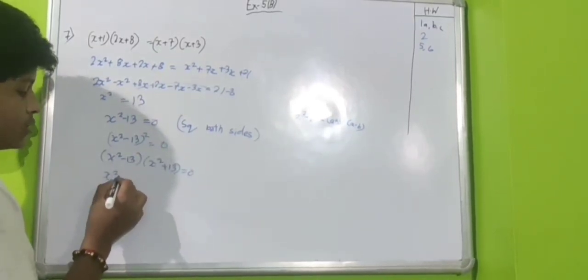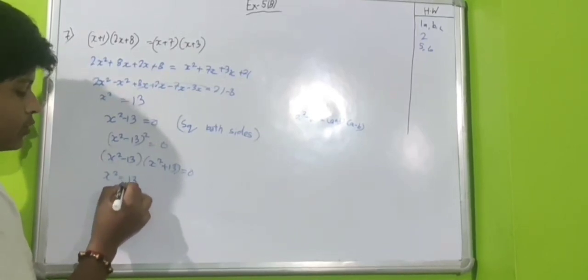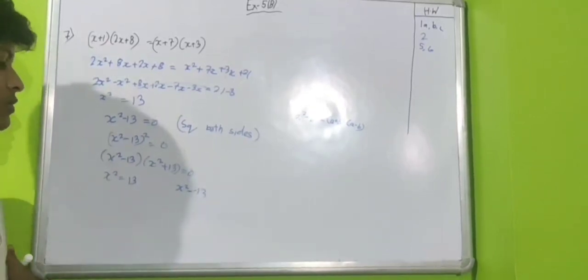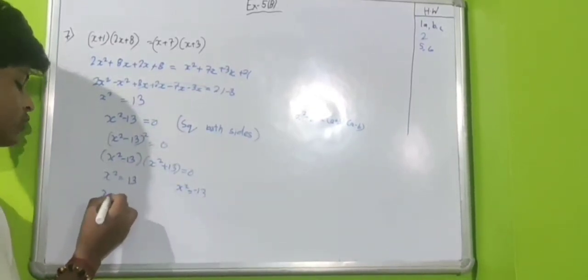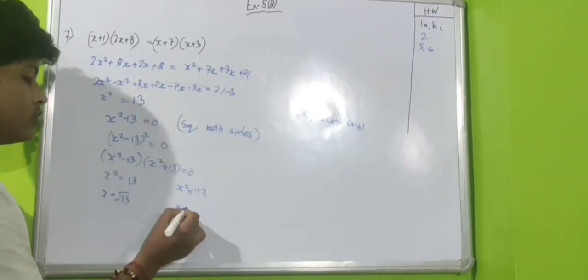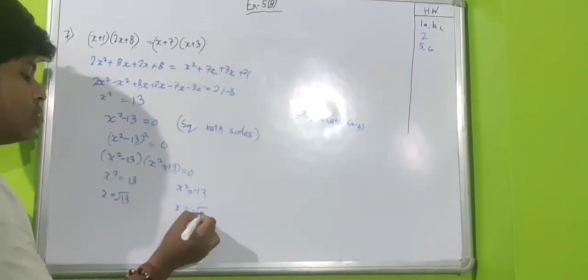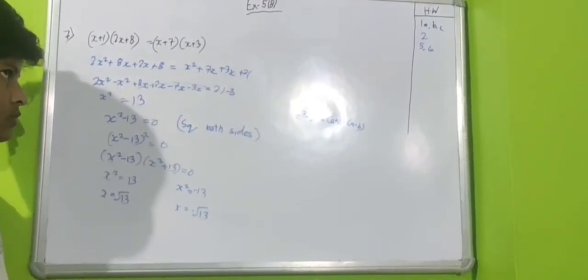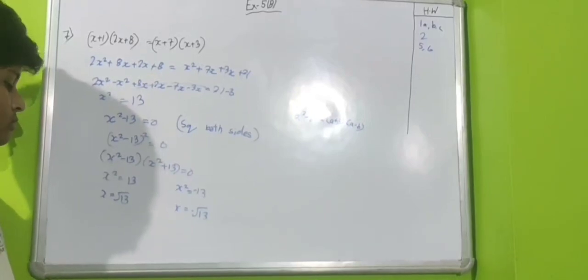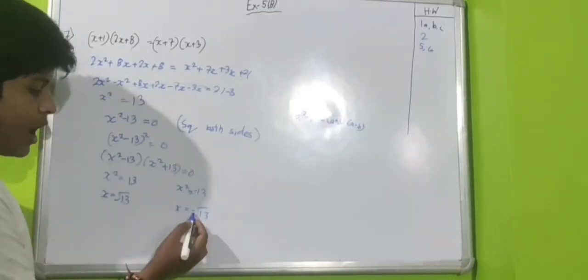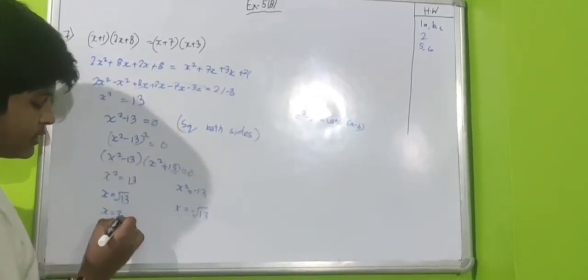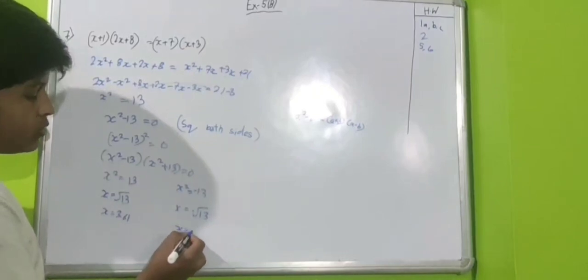Now x square is equal to 13 and x square is equal to minus 13. Now x is equal to under root 13, x is equal to minus under root 13. Minus will be outside and the root will be only on 13. Now x is equal to 3.61 and here x is equal to minus 3.61, and this is your answer.